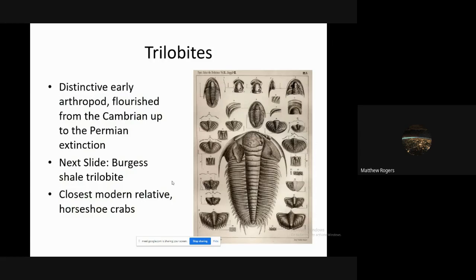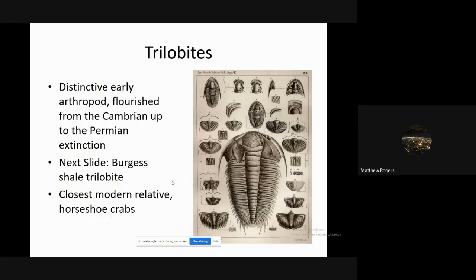So trilobites are going to be something we cover a lot, especially towards the end of the week. What makes them so interesting is how many trilobites existed, at least in the fossil record. They were probably the most common thing in this time period, the most successful living thing. And then something happened, and it's been kind of a mystery.